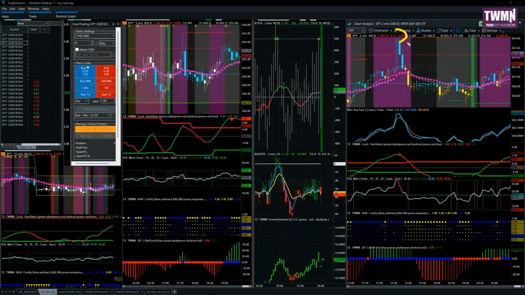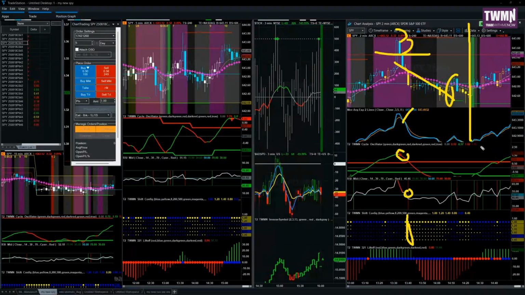Reversal candle, confirmation candle. Break right through that level, moving average cross, cycle, RSI, yellow dots. Bang, right down to the yellow bar. If you chose to stay in and add to the trade, then you got out bang on that yellow bar.